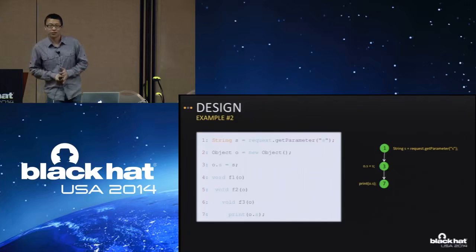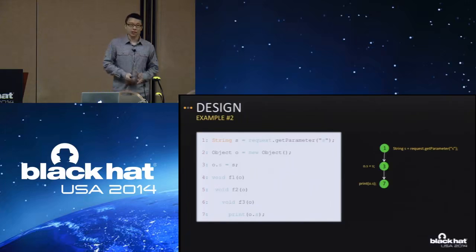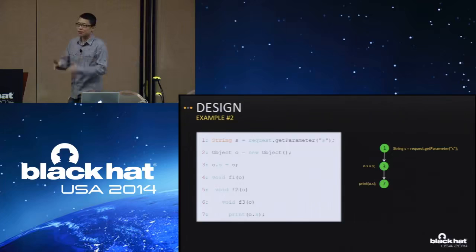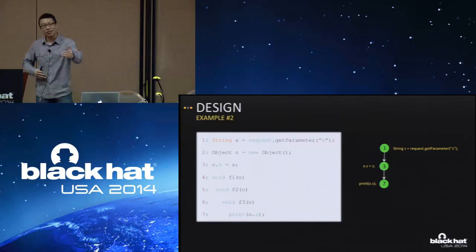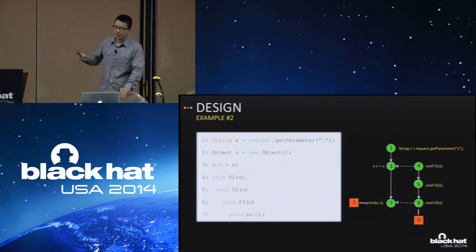Is that enough? I would say no. Because how would I know how line number 3 can reach line number 7? Imagine in your application, there could be tens or hundreds of functions in between 3 and 7. And how would you know exactly whether that is actually reachable or is a false positive? So we do want to also include 4, 5, and 6 in the data flow.